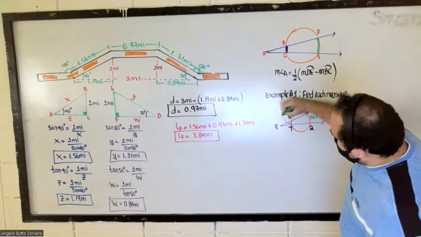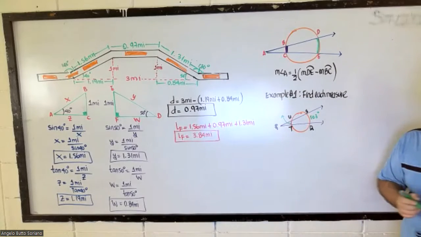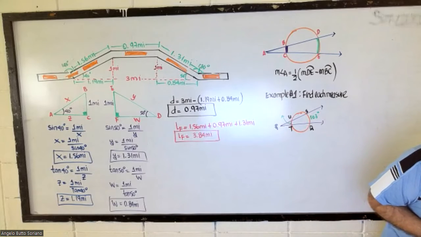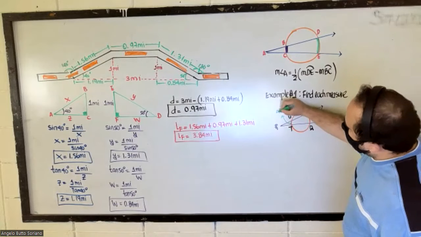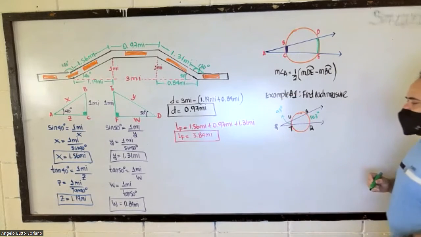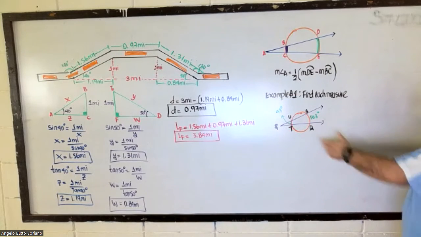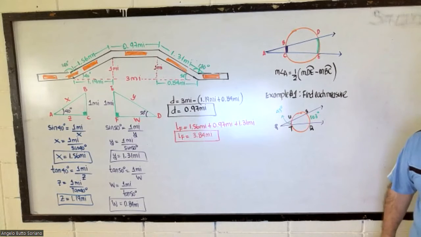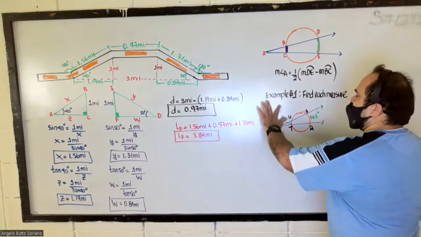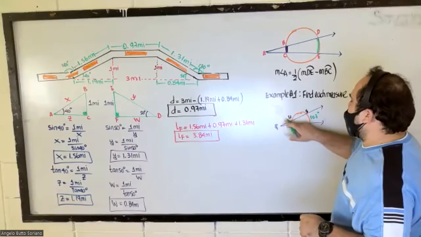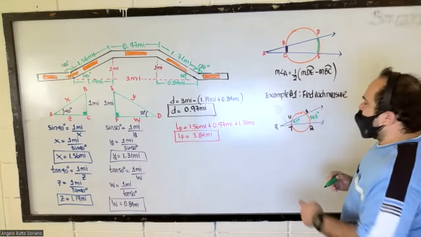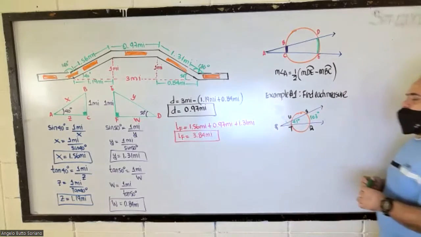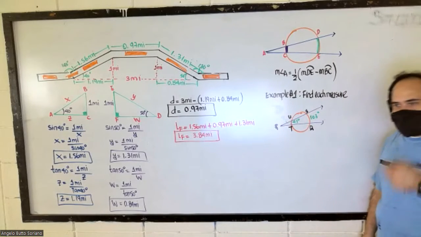The measure of the arc DU will be 43 degrees. To avoid confusion, I'm going to write over here 43 degrees. So we are looking for what will be the measure of the R angle.